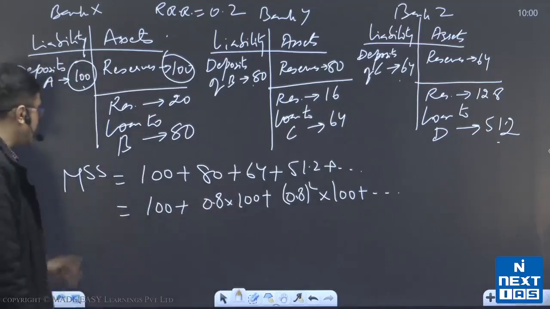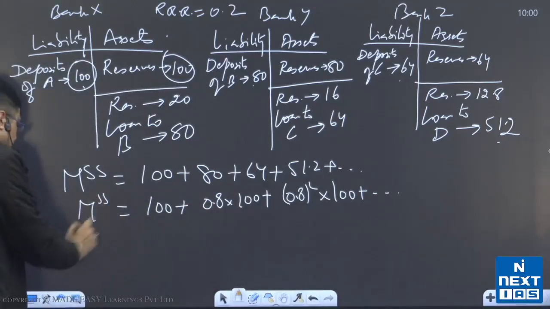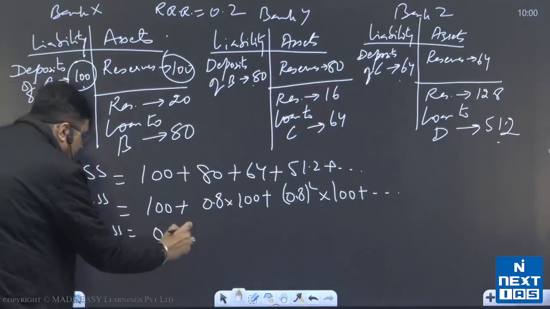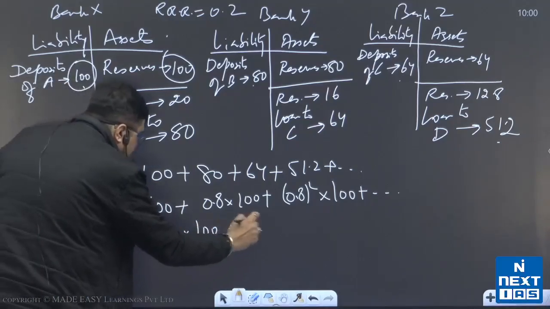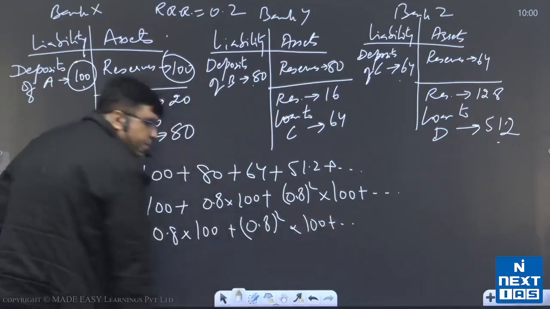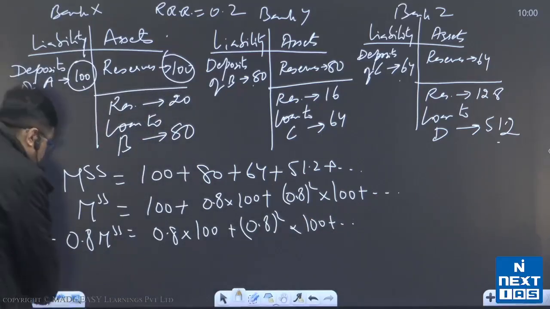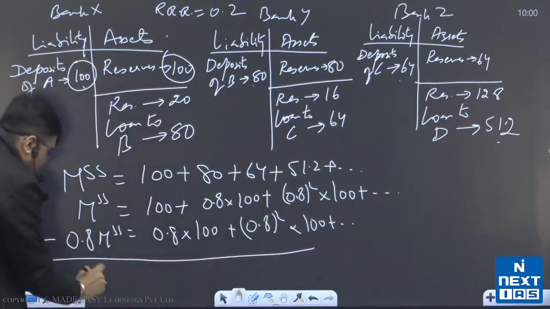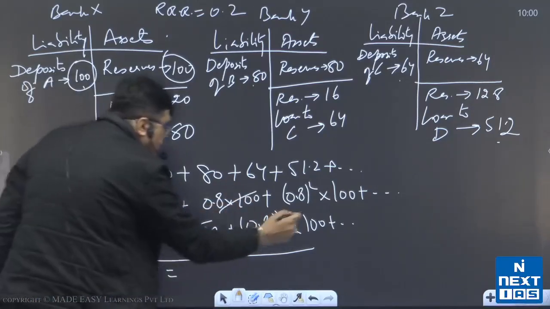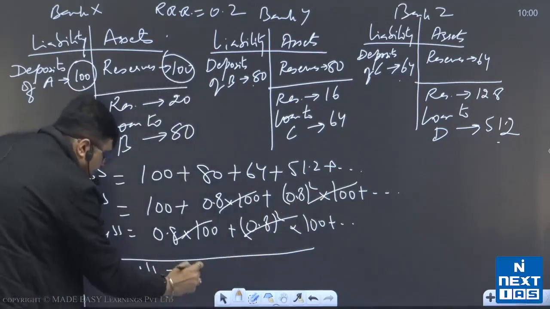Okay, I'm doing a small exercise now. Let's say this is money supply. If I write 0.8 into money supply, I will get another series which will look like this. If I take a difference between the two, I will get 0.2 money supply, and all this gets cancelled, is equal to 100.